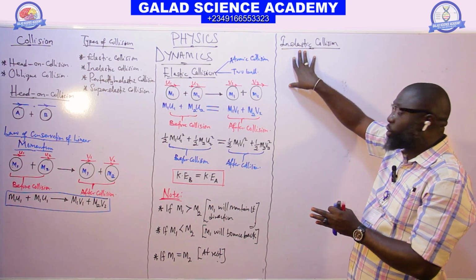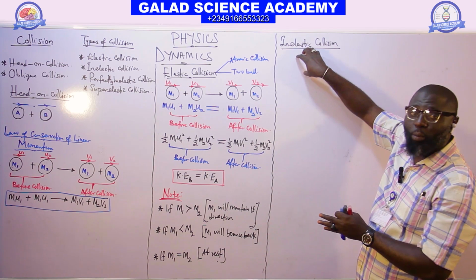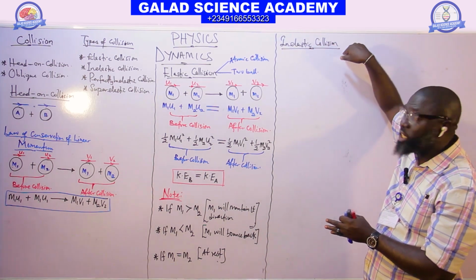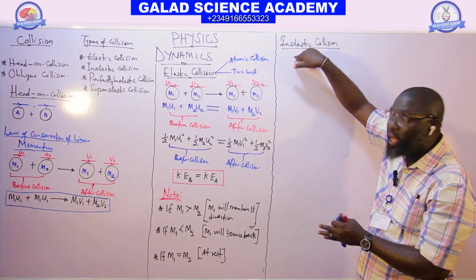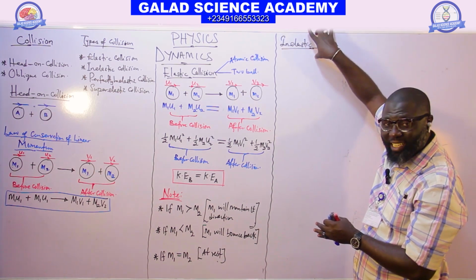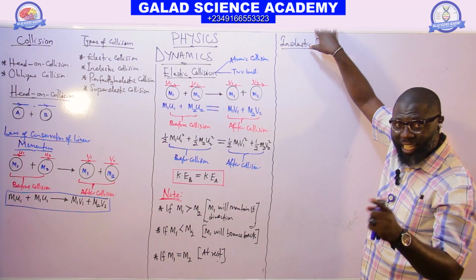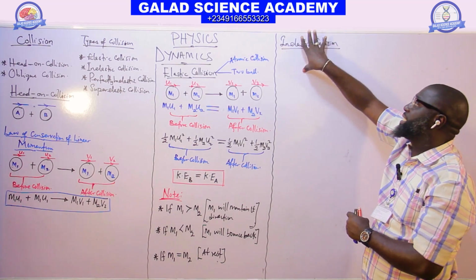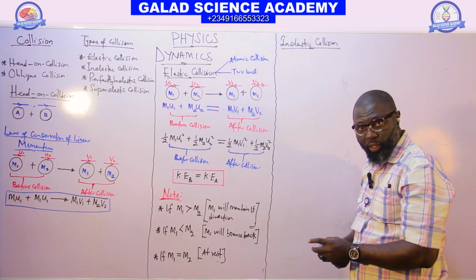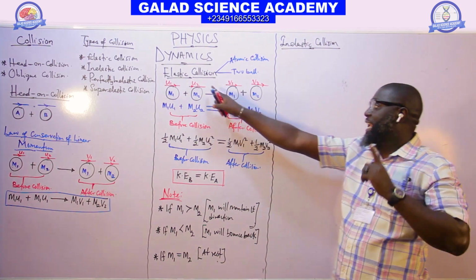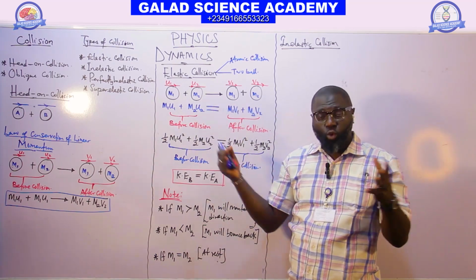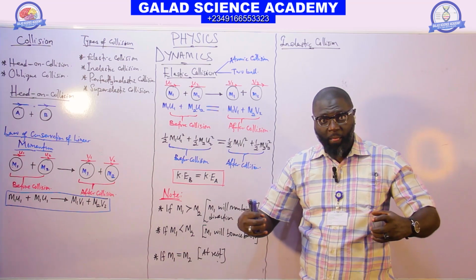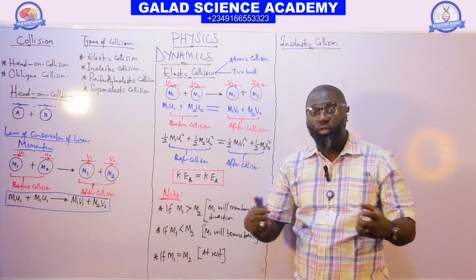In inelastic collision, the momentum is equal, but kinetic energy is not equal. There is loss of energy in inelastic collision. So in elastic collision, after collision the two bodies separate from each other and move with different velocity.